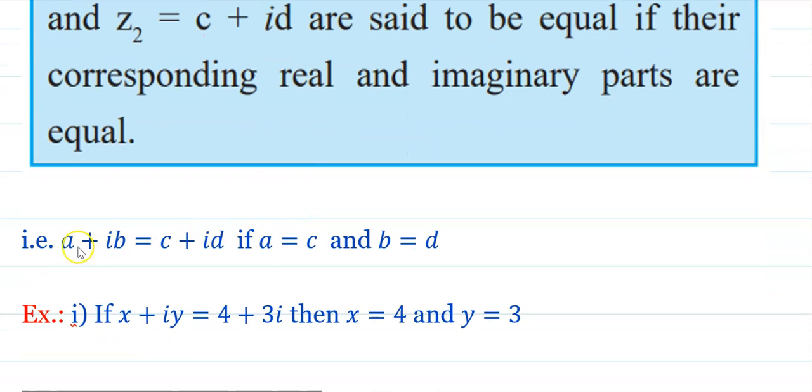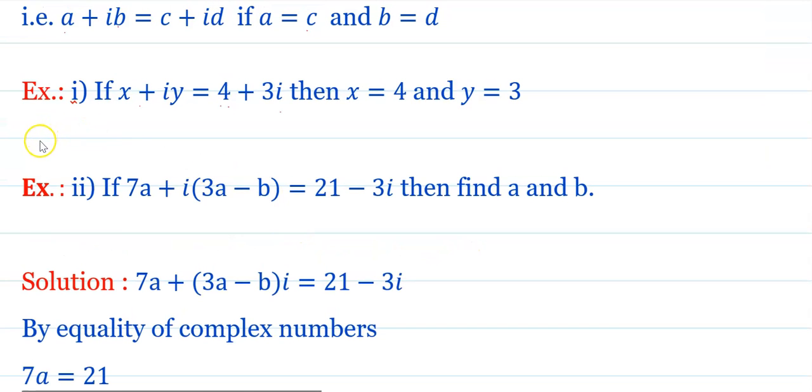Here a plus ib is equal to c plus id, then a is equal to c and b is equal to d. Now the example. If x plus iy is equal to 4 plus 3i, here x is equal to 4 and y is equal to 3.